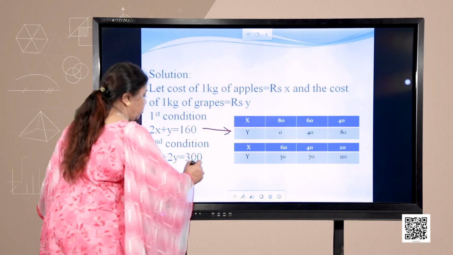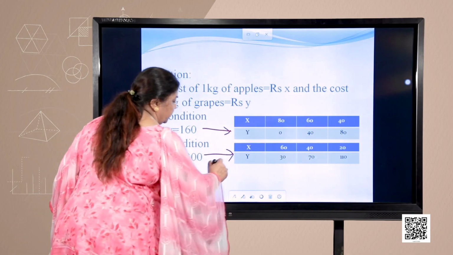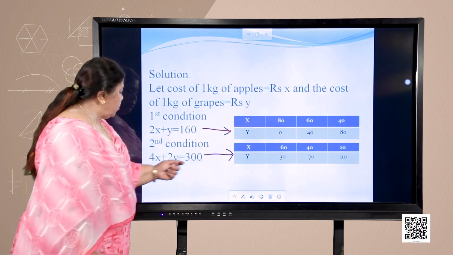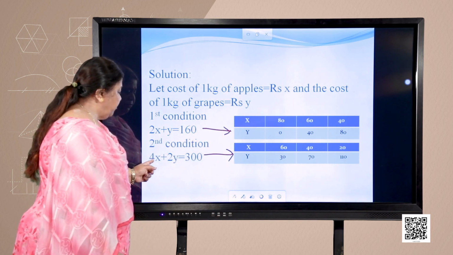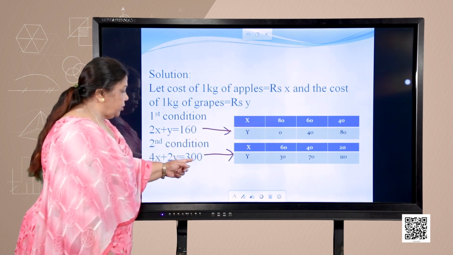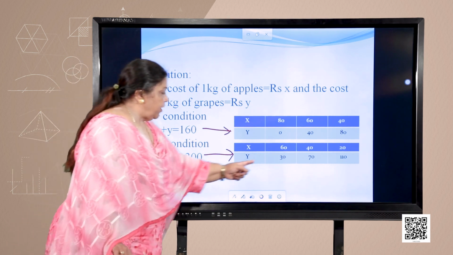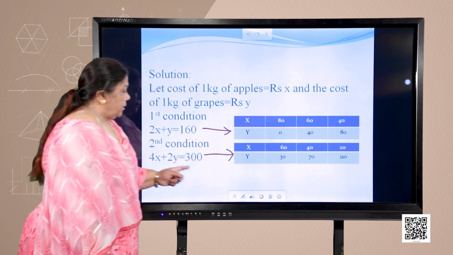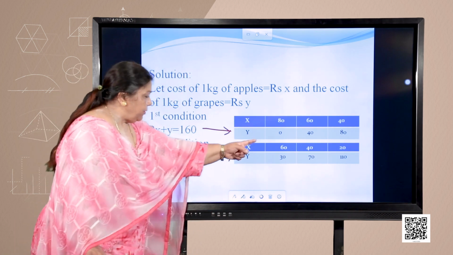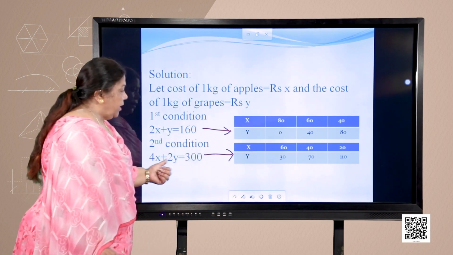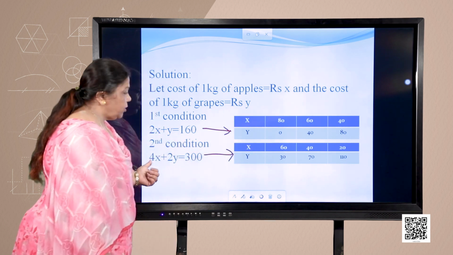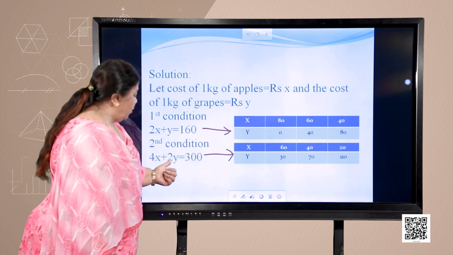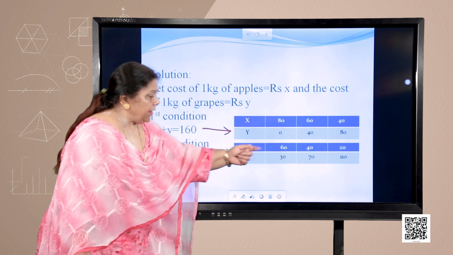For various values, when we take x is equal to 60, 60 into 4 is 240 plus 2y is equal to 300. On solving we get y is equal to 30, and likewise if I take 40, we get the value of y as 70. Likewise, when x is equal to 20, we get the value of y as 110.